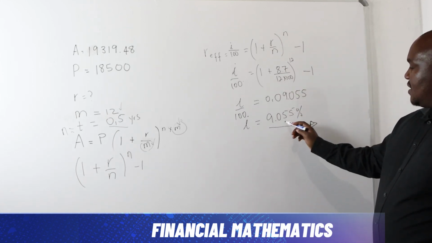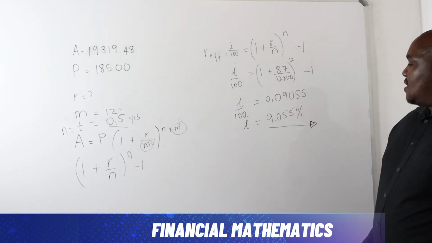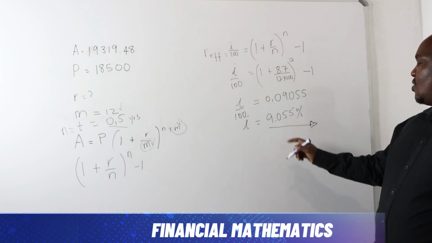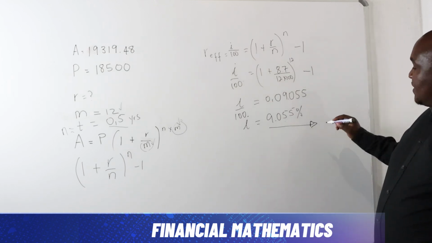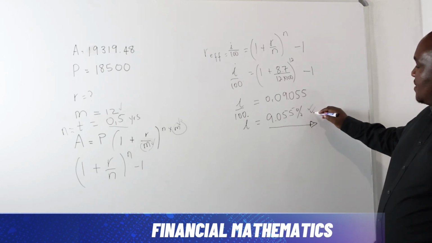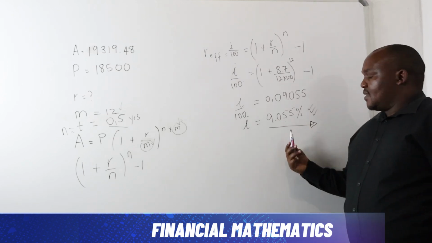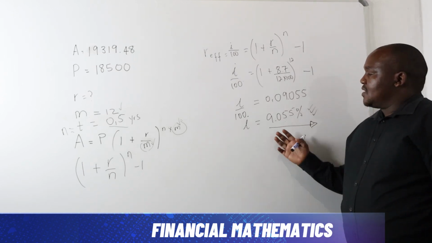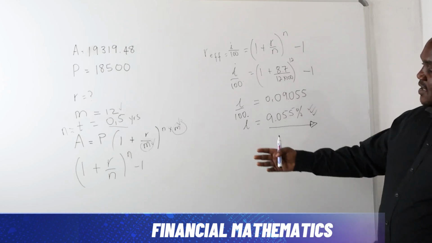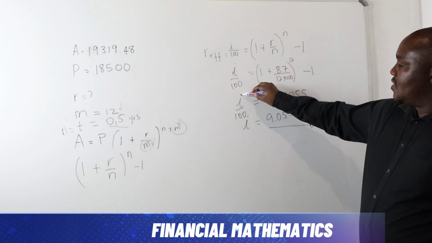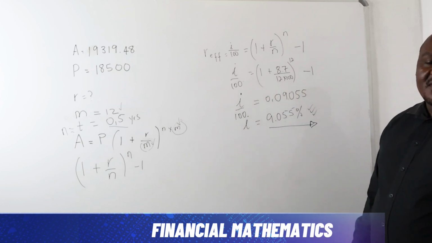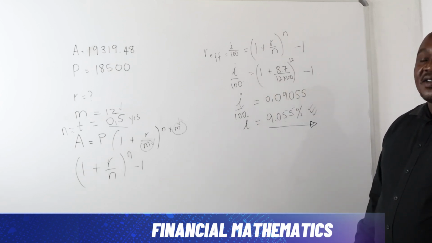And then you get the effective interest rate of 9.055. I hope you get this right. This is 3 marks in your exam. Just substitute using that formula and get it right in your exam. Thank you very much. We'll continue with more examples as we carry on.